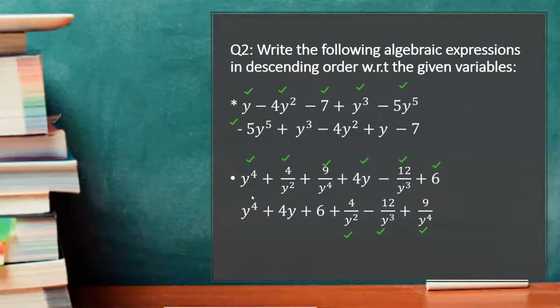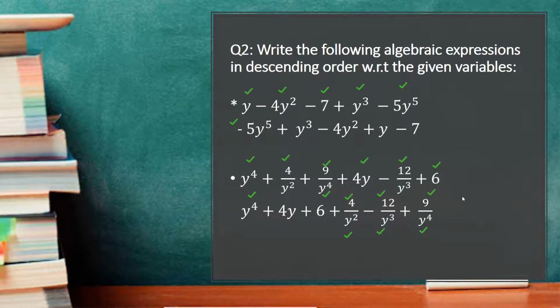Clear, everybody? First power is y4, then y power 1, then y power 0, and then when y is in the division and when we shift it to the numerator, we get the power y power -2. So y -2 is bigger than y -3. So we have written first y power 2 in the division, then y power 3 in the division, and then y power 4 is in the division.